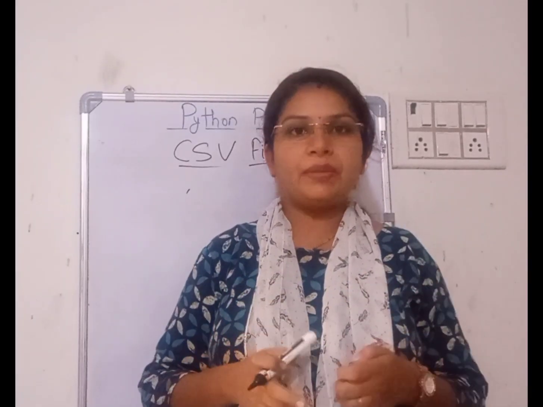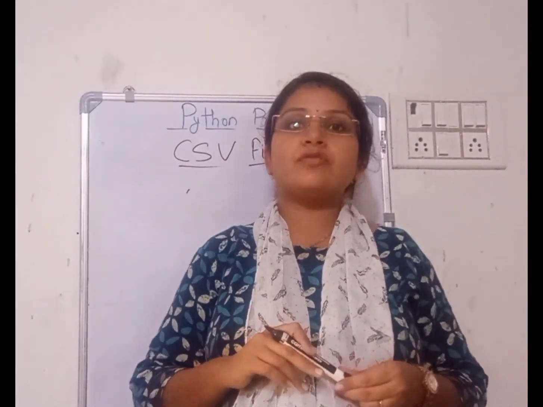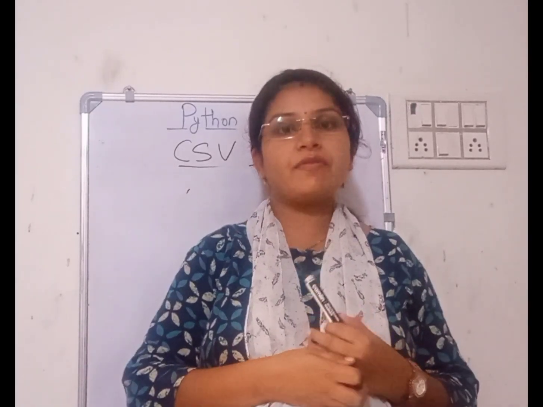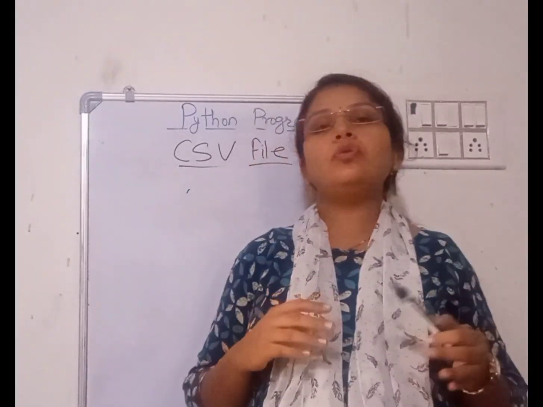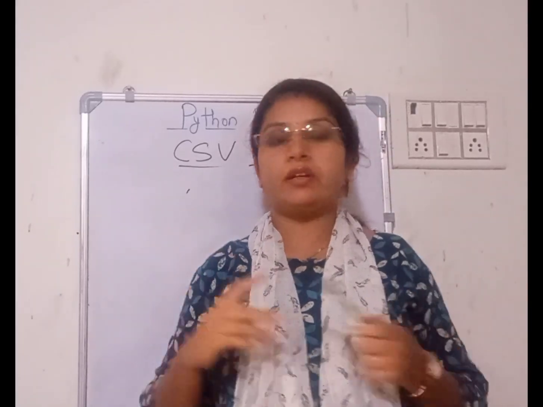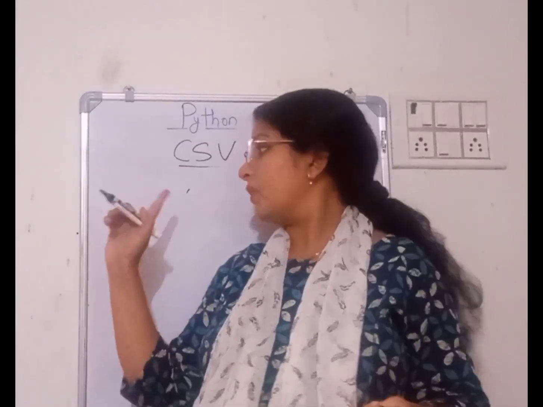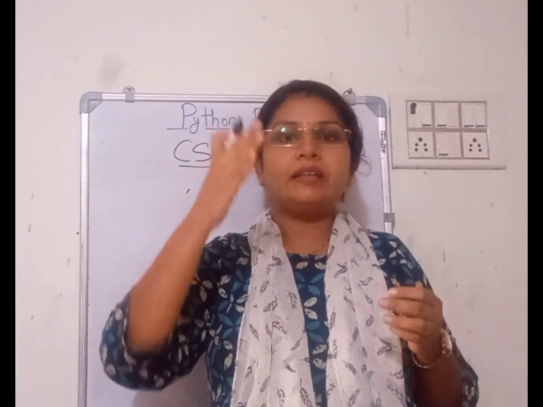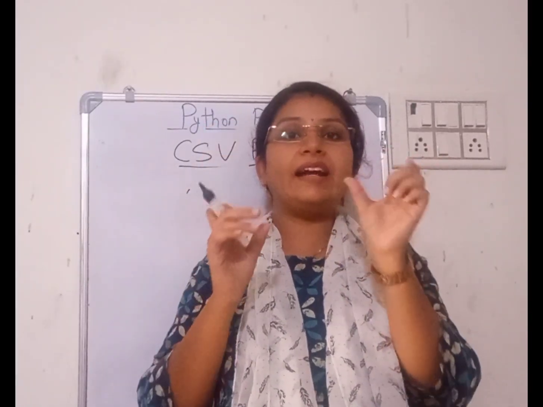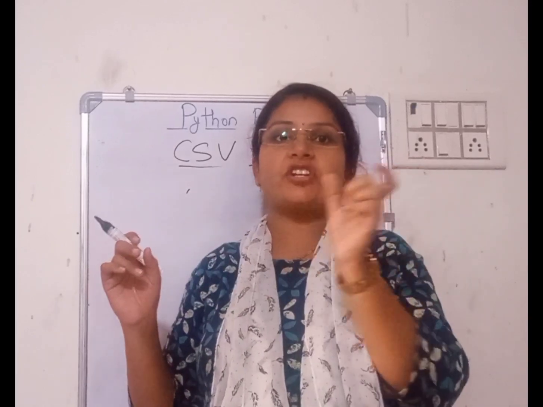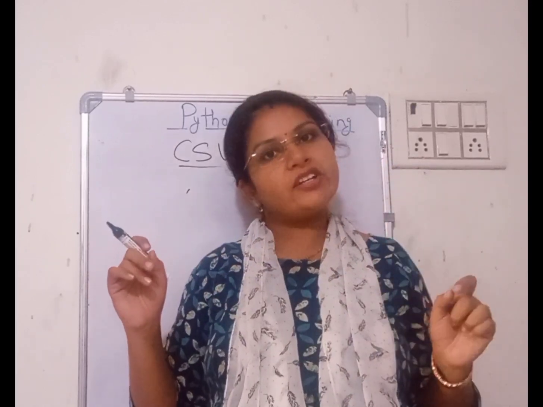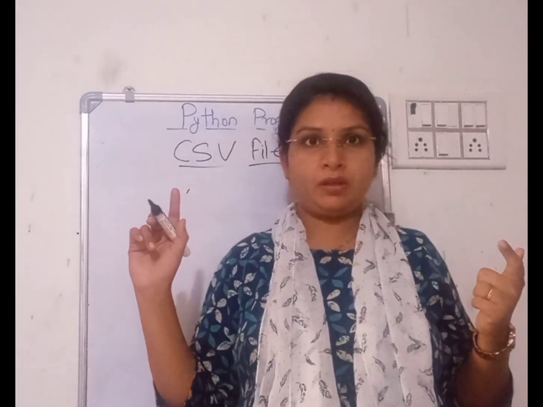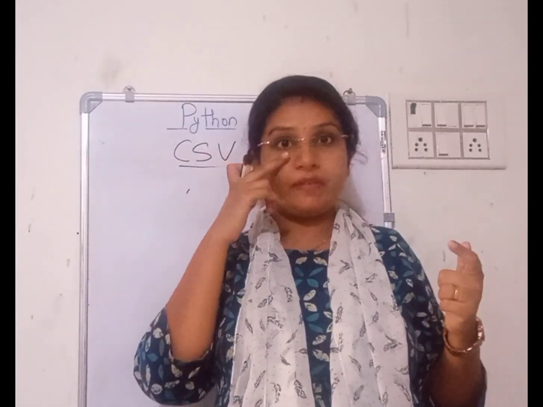In a traditional CSV file, the values are separated by comma. But modern applications which support CSV files provide various kinds of delimiters. Now, what is the delimiter? Comma is the delimiter. Delimiter means how you are limiting or ending each and every value. In the traditional CSV system your delimiter is comma, because comma separates all the values.